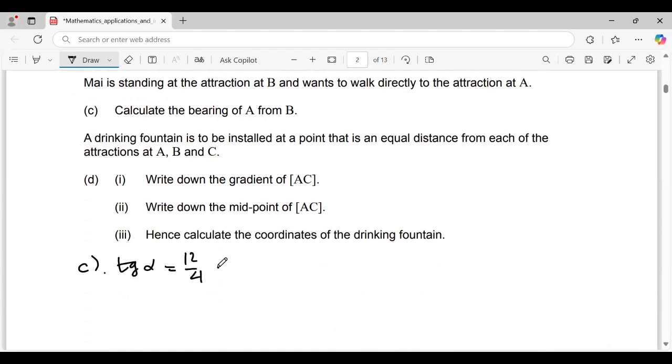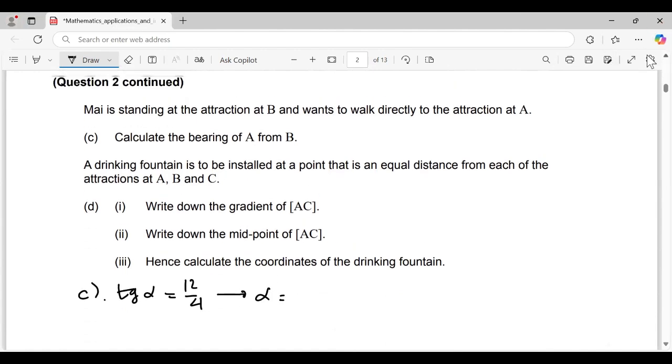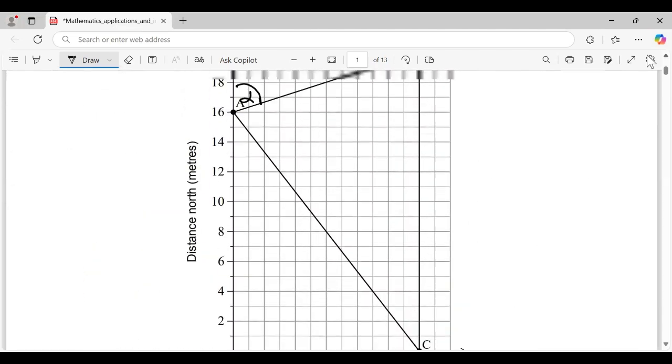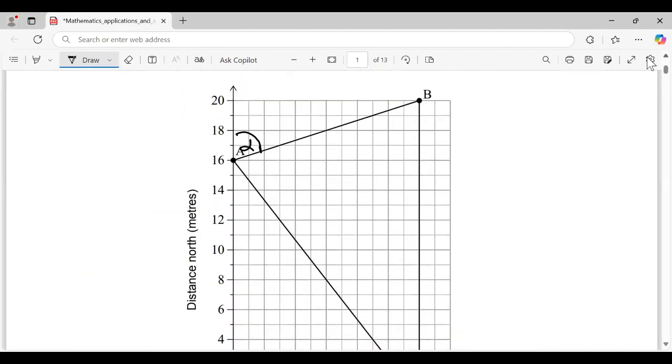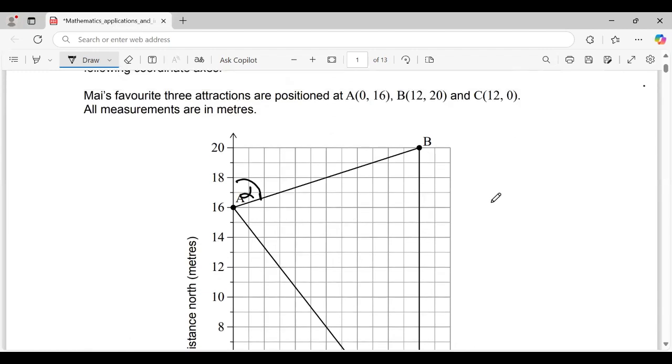So alpha equals this angle. If I expand this straight line, alpha equals this angle as well, and of course this angle equals alpha.